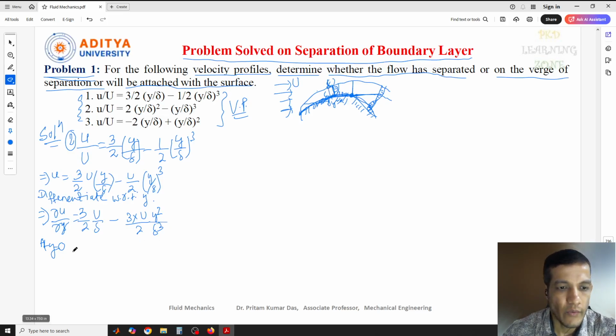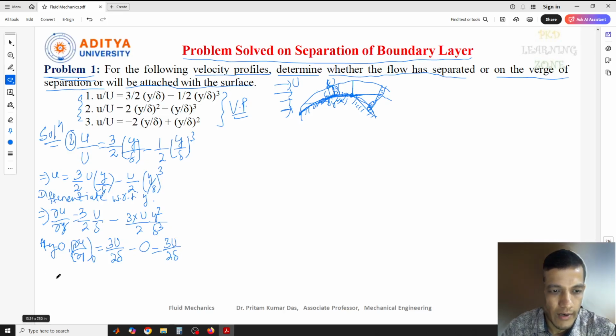So at y equal to 0, we need to put y equal to 0 in this. What I get is 3U by 2 delta, where delta is the boundary layer thickness and U is the velocity, minus the term with y, which becomes 0. Finally I got 3U by 2 delta.